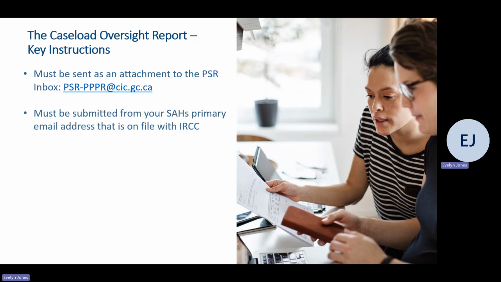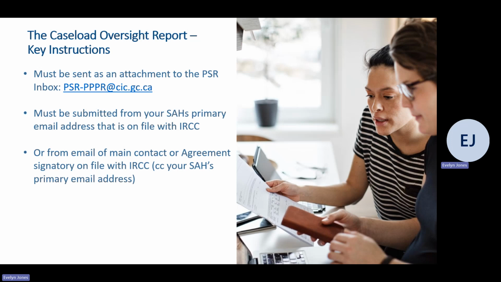The report must be submitted from your SAH's primary email address that is on file with IRCC, or from the email of a main contact or agreement signatory on file with IRCC, CCing your SAH's primary email address. Please inform IRCC if you cannot respond according to the timeline.